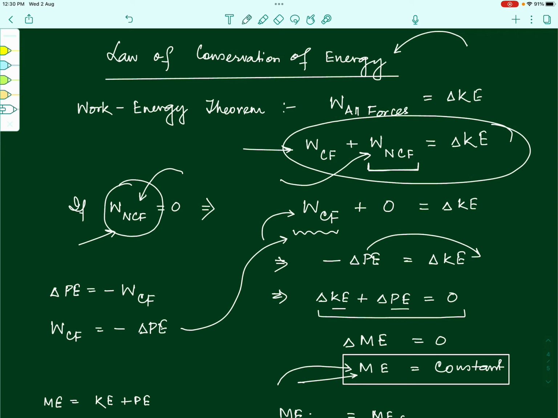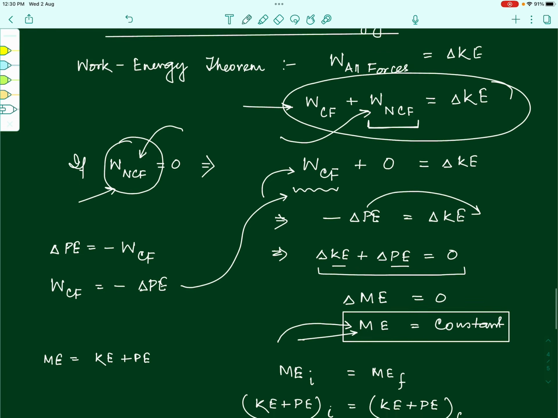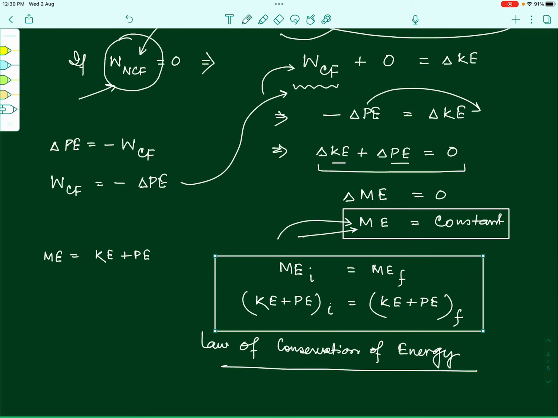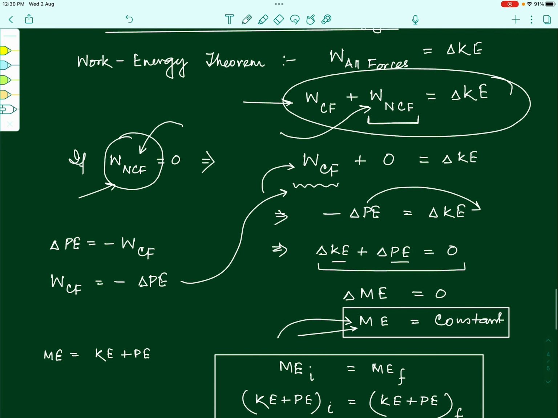Even when non-conservative forces are doing work, you can still use the work energy theorem there, right? But for the law of conservation of energy to be used, work done by non-conservative forces must come out to be 0, right? So, in that sense we say that work energy theorem is a more general theorem.